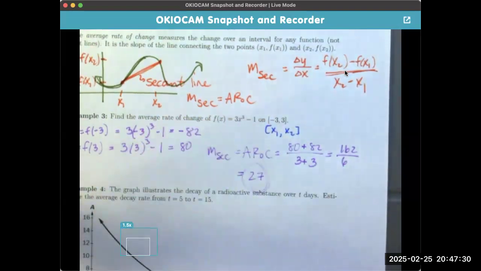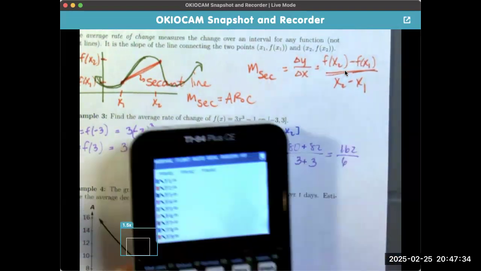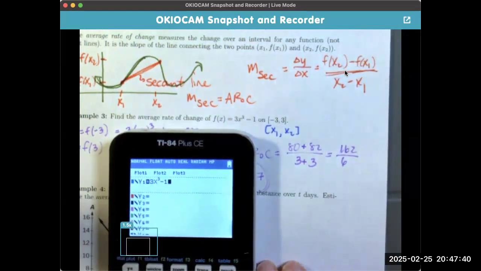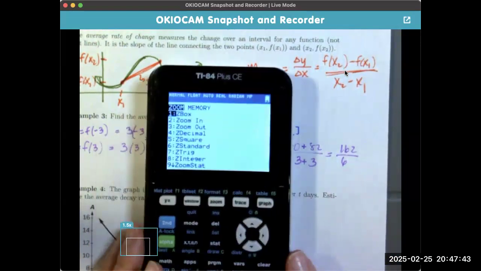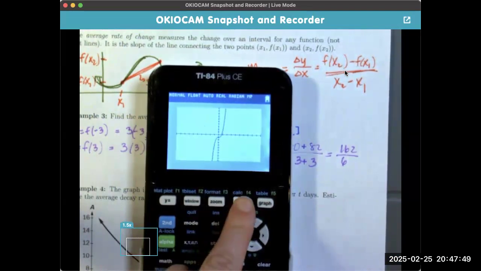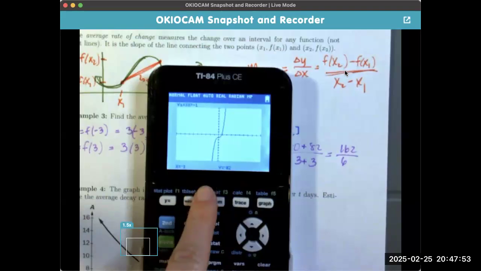So let me show you. Let me throw it into my equation here. So this is 3x cubed minus 1. Let me do a zoom 6, so standard 10 by 10 window. If I trace to -3, that's down there at -82.